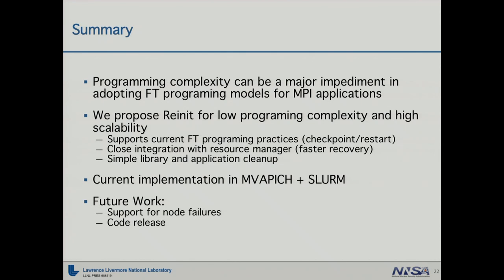There's a close integration between MPI and the resource manager, and we have simple ways to clean up both the application state and the library states. We have a current implementation in MVAPICH and Slurm, and as future work, we are working on supporting node failures, and hopefully we can release this code at some point later.